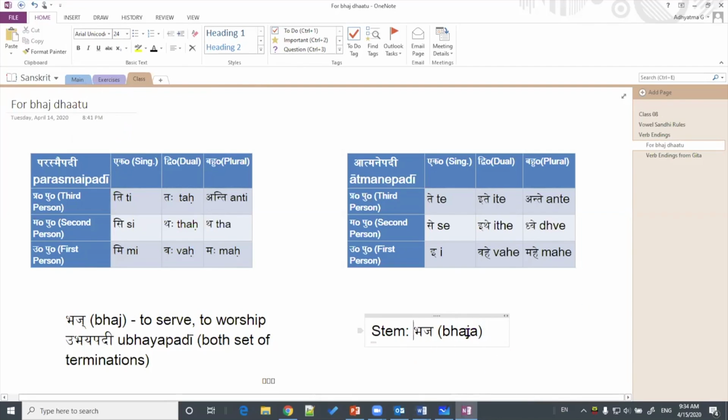This is an akaranta stem, ending in a. What that means is that based upon the rule of making the stem, this stem is ending in akara.